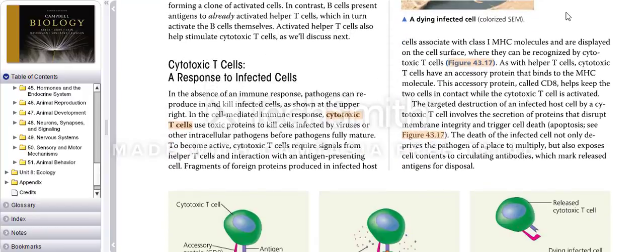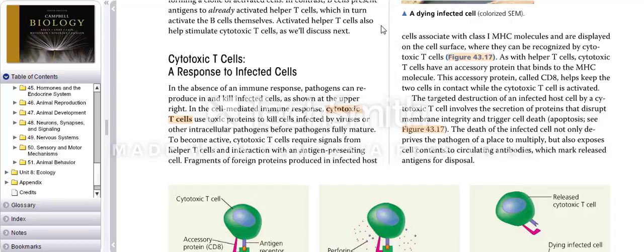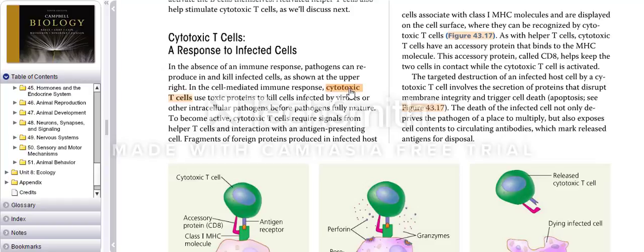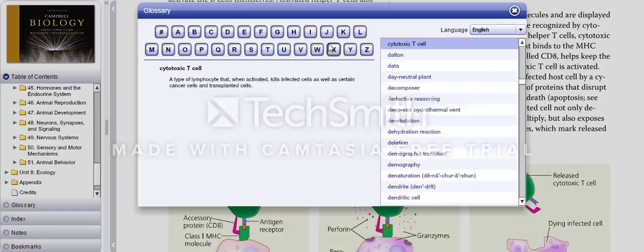Now, the cytotoxic T cell section that we have here is going to be similar to the helper T cell with a couple differences. So, cytotoxic T cells destroy infected cells, as well as certain cancer cells, to stop the production of pathogens.